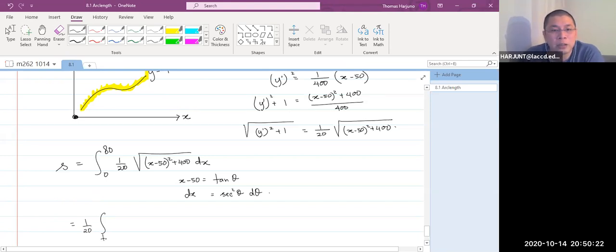It's tangent inverse of negative 50, and this is tangent inverse of 30. What am I doing? I need to put 20 here and there, because of the 400.